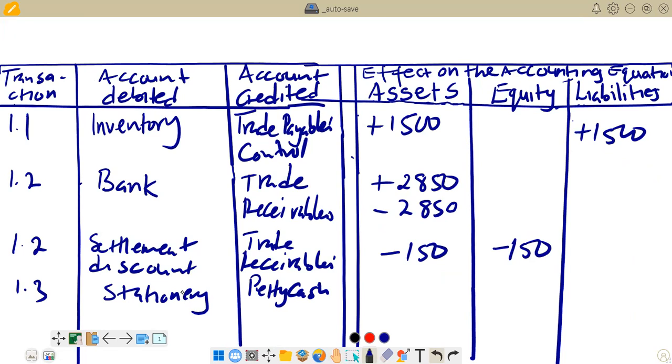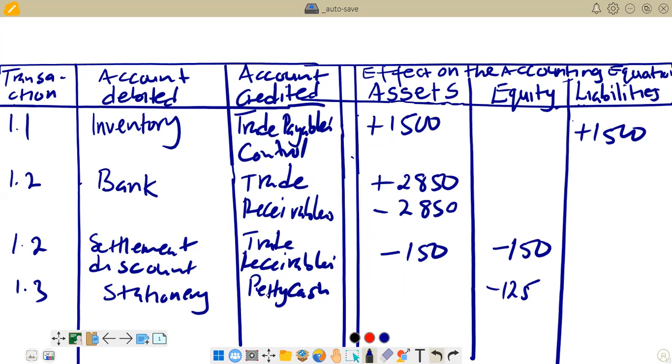We are buying stationery, and the stationery is going to be used in the business, so it becomes an expense. So when it's an expense, it's going to be under the operating expenses and going to reduce the net profit. And when it reduces the net profit, it's reducing retained earnings and reducing the owner's equity. Remember, retained earnings is part of the equity. So we're going to have a reduction there in equity of 125.